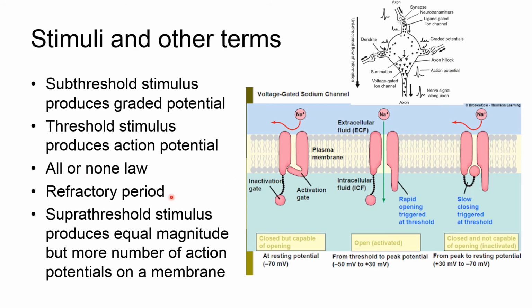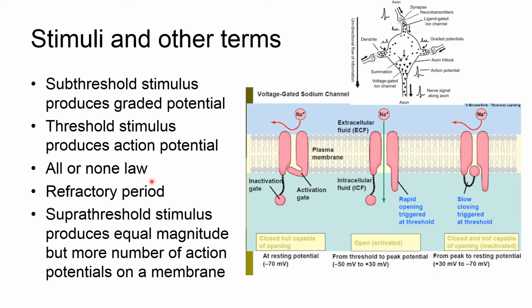That is called the refractory period or resting period of the neurons or muscle cells. So during the refractory period, the neurons are not conducting action potential, even when the stimulus is present. And sometimes, for a fraction of time, even suprathreshold level stimuli cannot open these channels. So this process is called the refractory period.